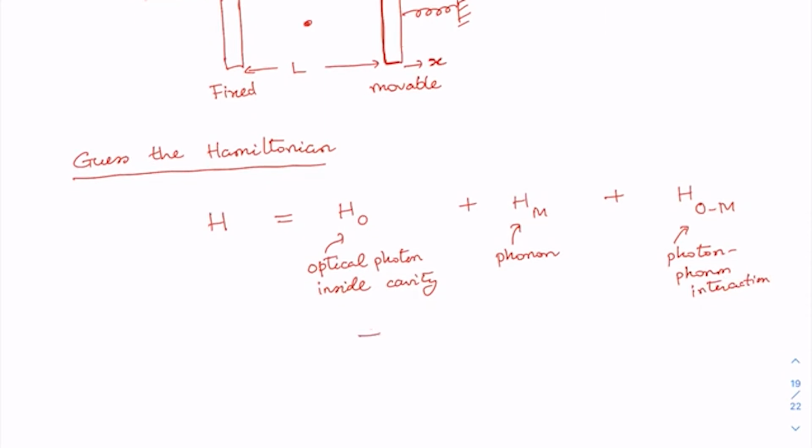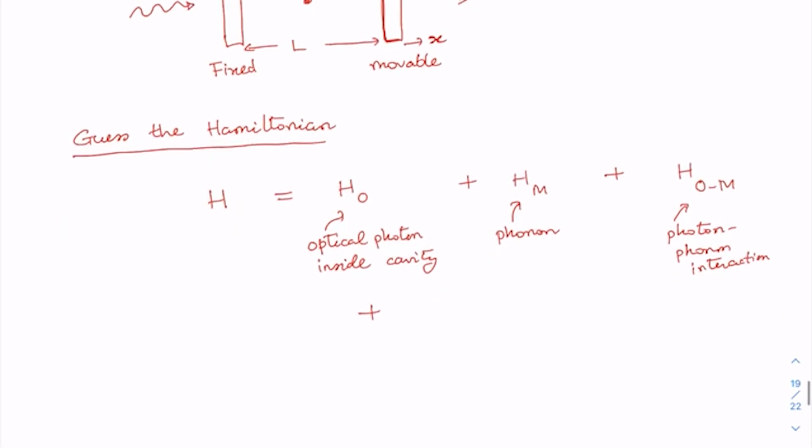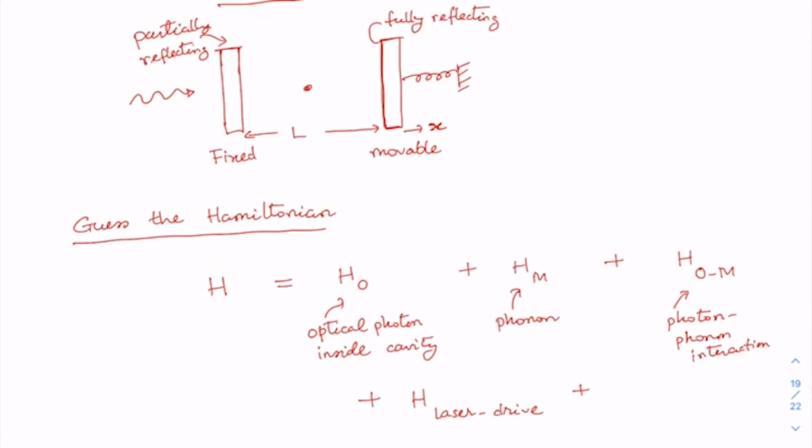Apart from that, we have to throw laser light on this cavity, that means we have to drive the cavity by laser light. So there will be a term in the total Hamiltonian that represents the laser drive. And not only that, we'll have dissipation: the photon will eventually decay from the cavity, and even the phonons in the mechanical oscillator will decay.